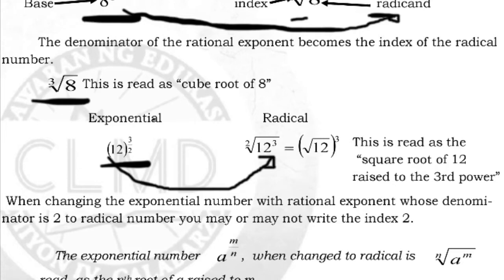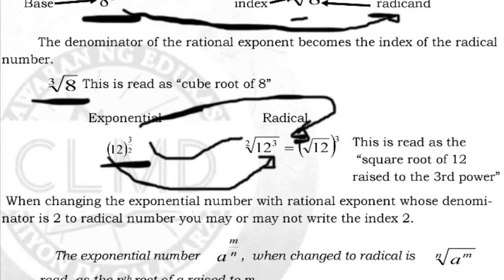The numerator 3 will be the exponent, in 12 cube, and the denominator will be the index. Since the index here is 2, we can simply write square root of 12 cube. This is read as the square root of 12 raised to the third power, or square root of 12 cube.